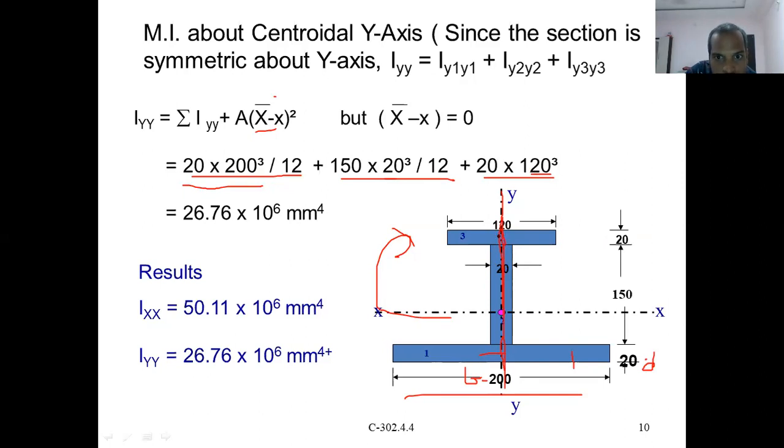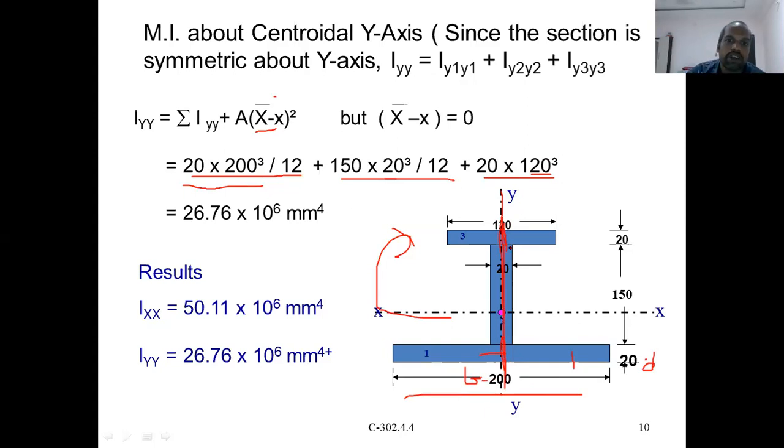Both are coinciding. The centroid of this figure lies at 120 by 2, which means 60. Again, for figure 1, the centroidal YY axis lies at 200 by 2, which is nothing but 100 mm, again the center. Both are coinciding.